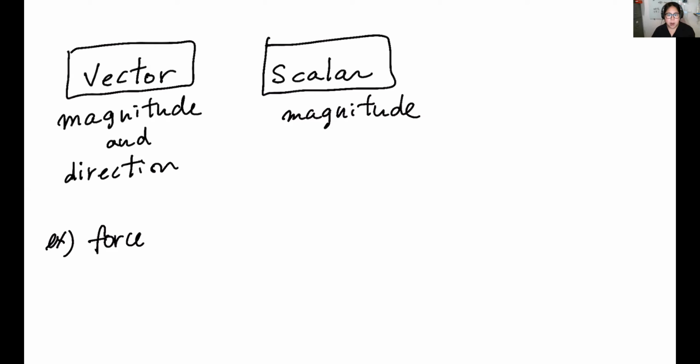A person still has to ask more questions. 2 meters from here, which direction, right? 2 meters in that direction, or 2 meters in this direction, makes a different result. So you need to not only say the magnitude, how much, but also which way. Magnitude means how much, and direction is the which way.